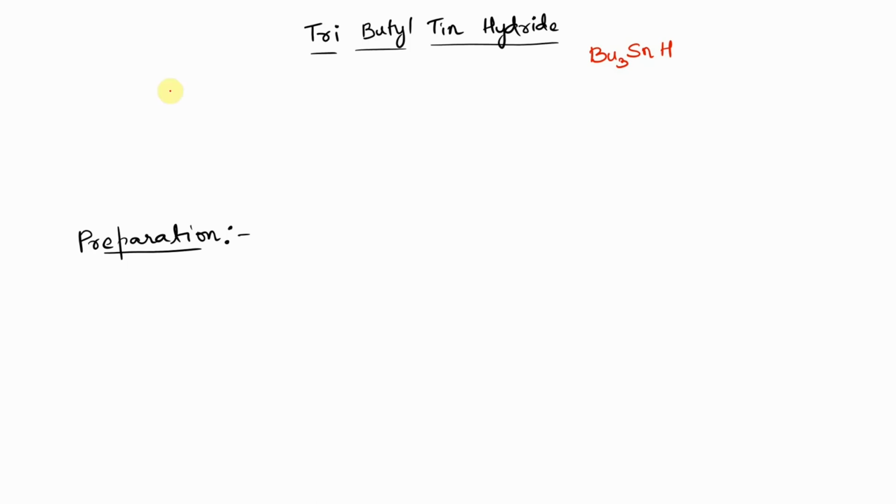For example, it is usually considered for reactions such as conversion of RNO2 to RH. We might convert RNO2 to RH, or you can also convert ketone to alkane, etc.